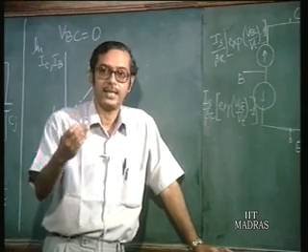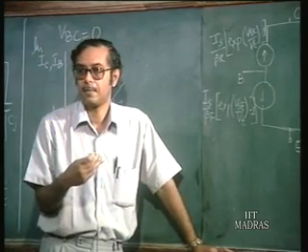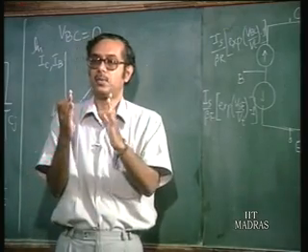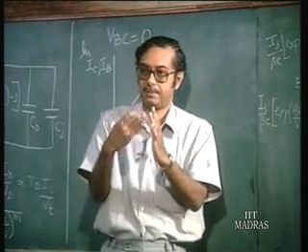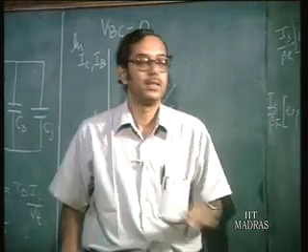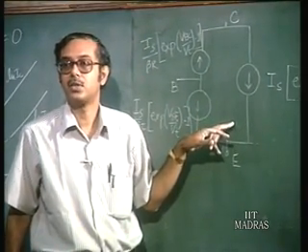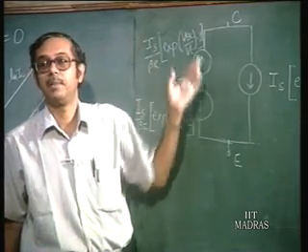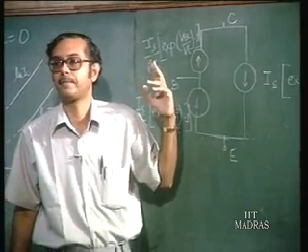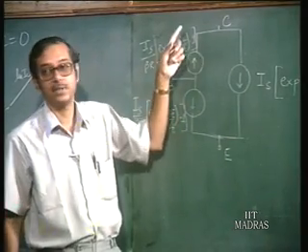On the other hand, if VBC is made positive, which means that VCE is reducing, then collector current is going to decrease. At the same time base current goes on increasing, because the current is the sum of these two.